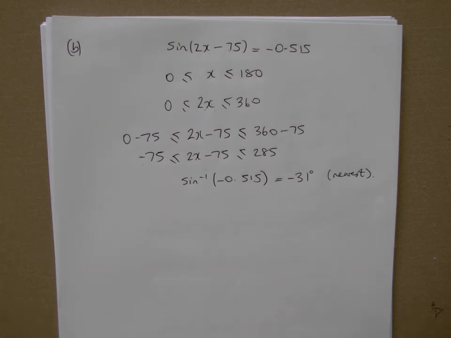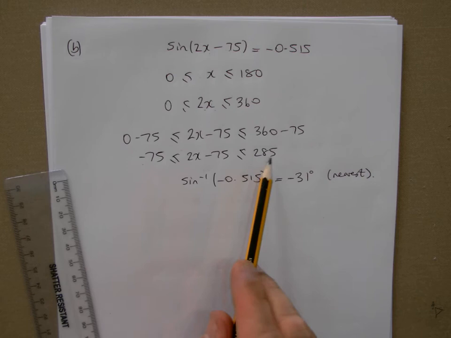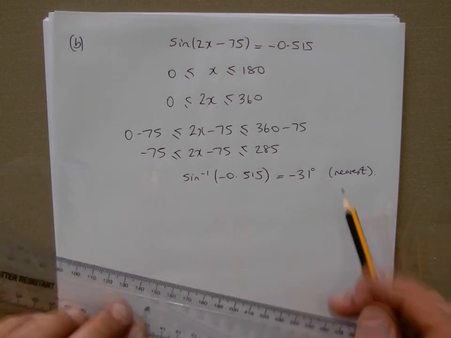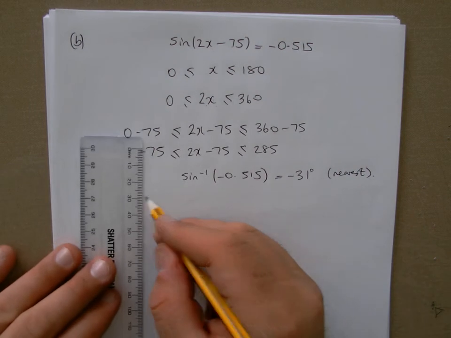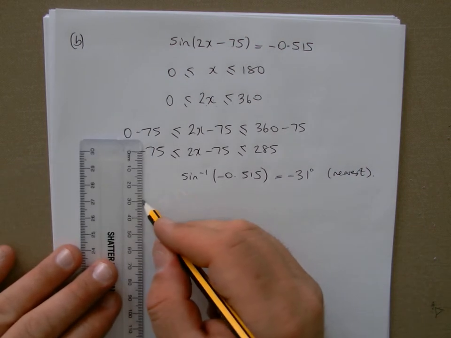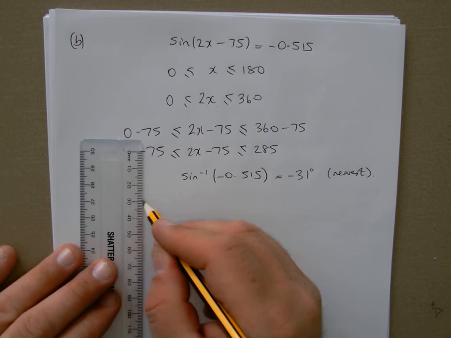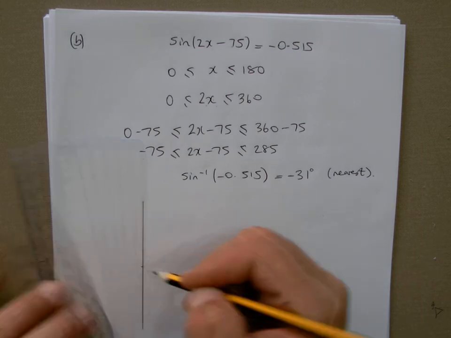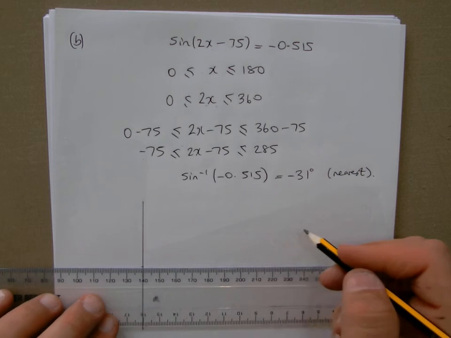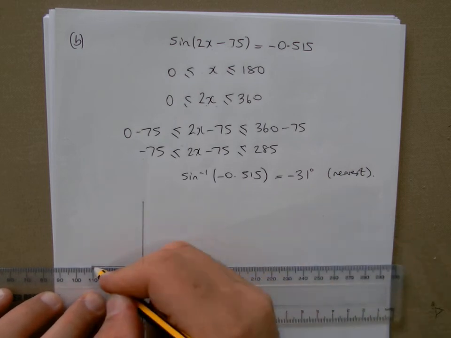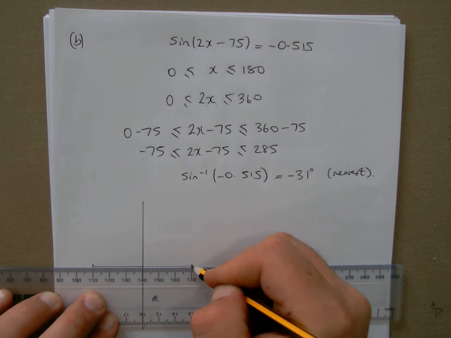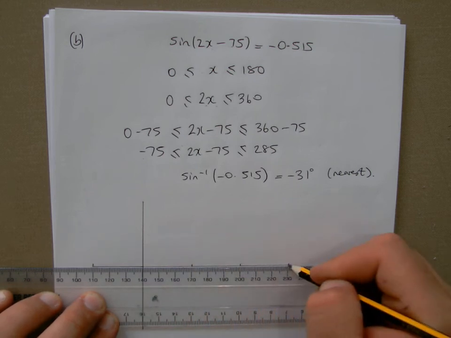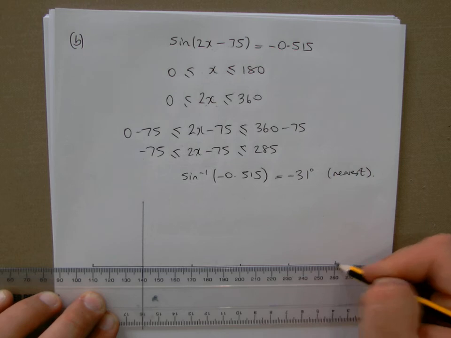Now remember, the sine graph has to go between these values here. That's our range. Now, I'm not going to go to minus 75. I'm going to go to minus 90 because I can't really stop my graph at minus 75. So we go to minus 90, which makes a lot of sense. So go up in every 3 centimeters. So that'll be 90, that'll be 180, that'll be 270, and I'll go up to 360.